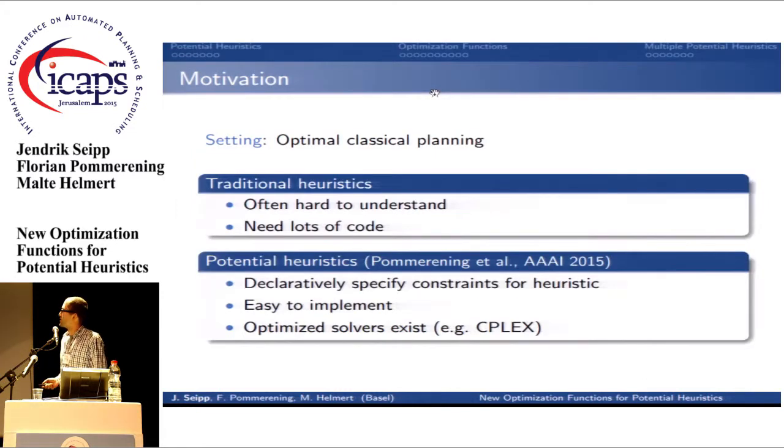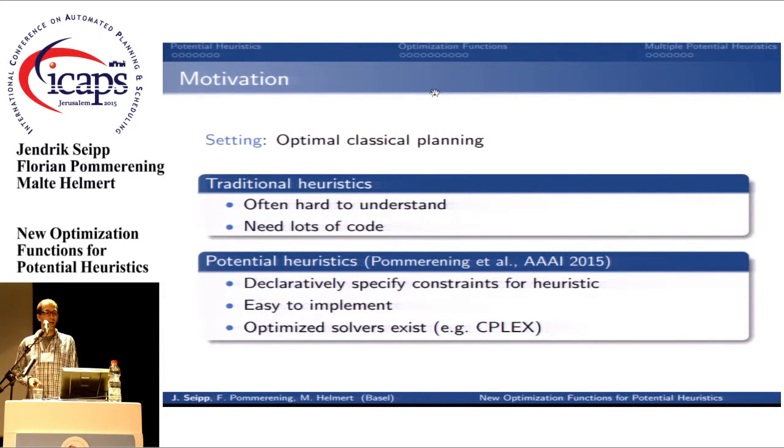So, the setting is optimal classical planning, and the motivation for this research is that traditional heuristics are often hard to understand, and they usually need lots and lots of code.